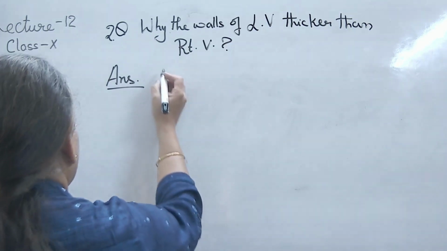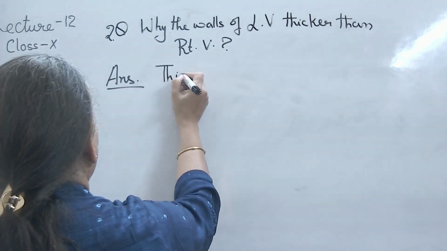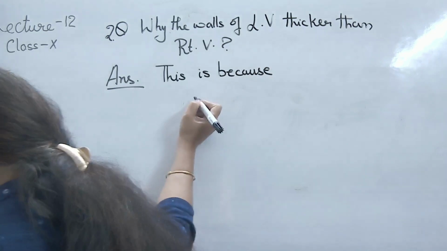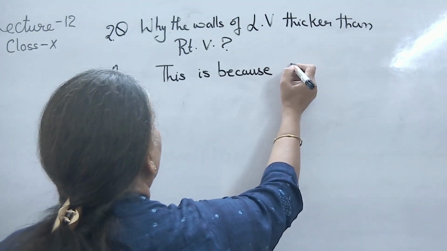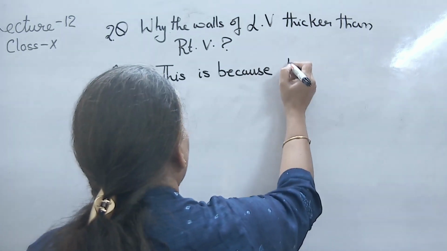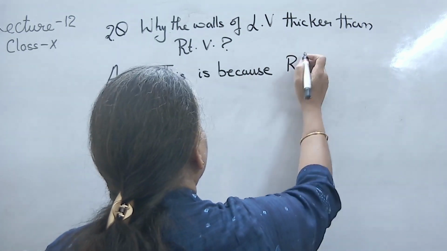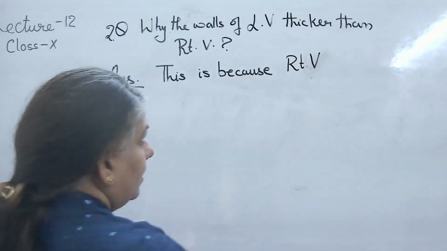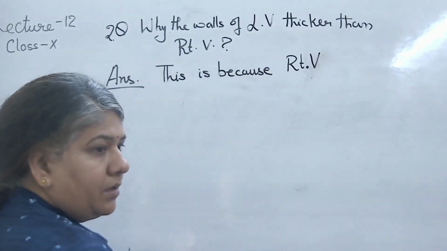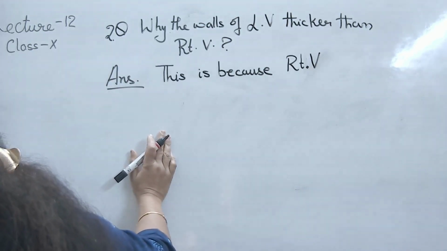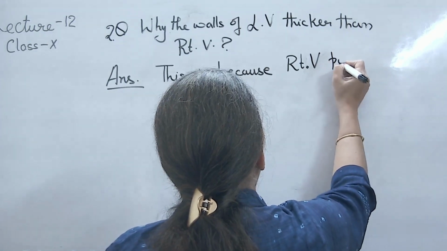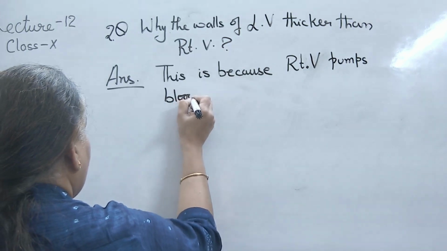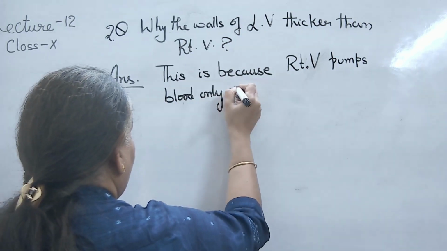This is because right ventricle pumps blood only up to the lungs. I'm writing in short form, but in your answer sheet you will write complete spelling.